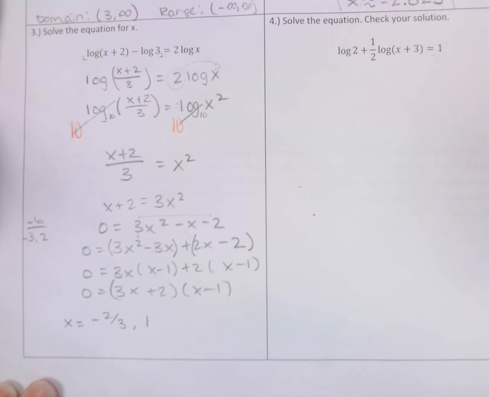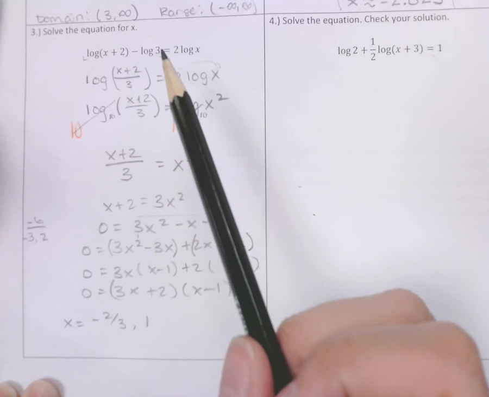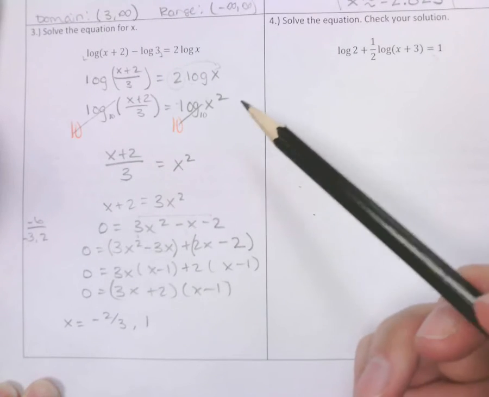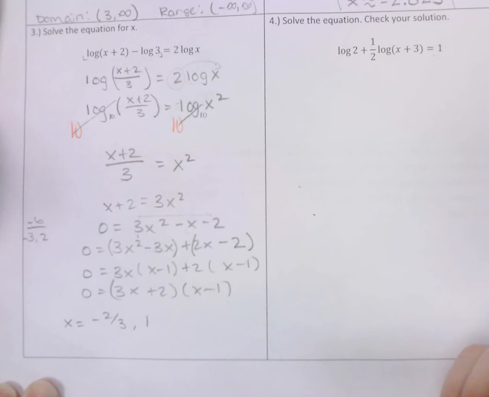All logarithmic equations, you should be checking your solutions, because the domain of a logarithm is that it has to be greater than 0. So if your solutions, when plugged back in, give you 0 or anything less than 0, they're not solutions, they're extraneous.